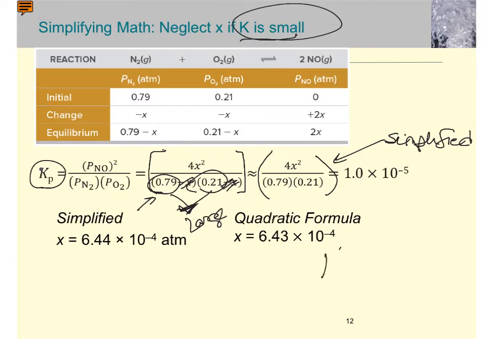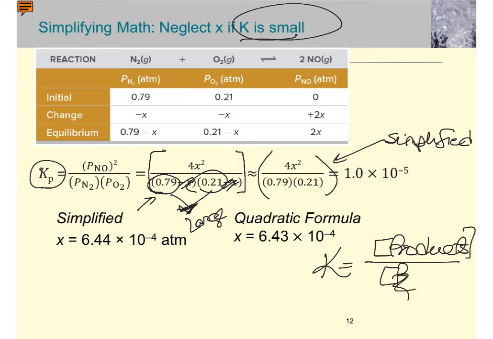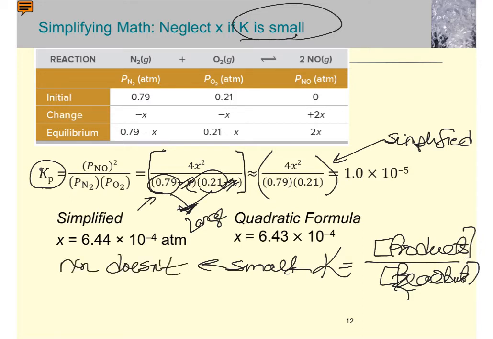So what is k, just conceptually? It's products over reactants, right? Whoops, my handwriting has gone to poo. All right, so if k is very small, what does that mean? That means that the reaction doesn't proceed much, right? It pretty much sits there and exists mostly as reactants that don't do anything.